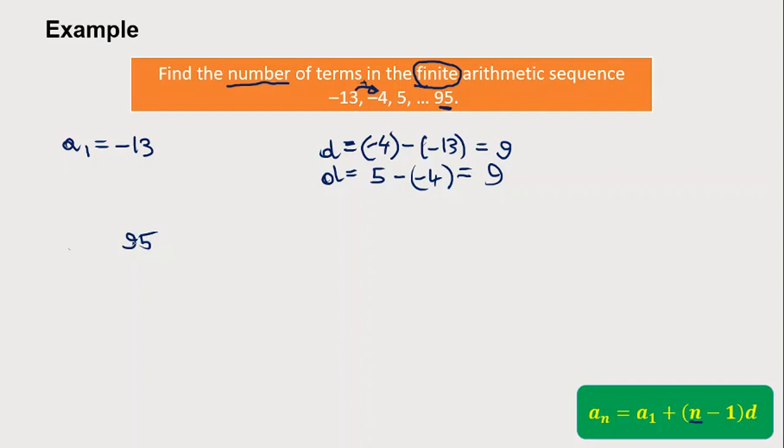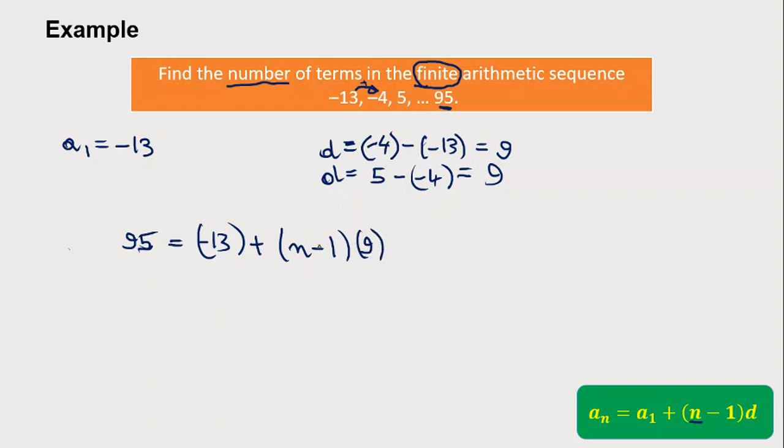So I know a_n is 95, so I can plug it into the left side of the formula, equal to a1, which is negative 13, plus n minus 1. N is the value I'm trying to find, so I don't substitute anything into it. That's the position I'm looking for. Multiplied with d, which is 9.